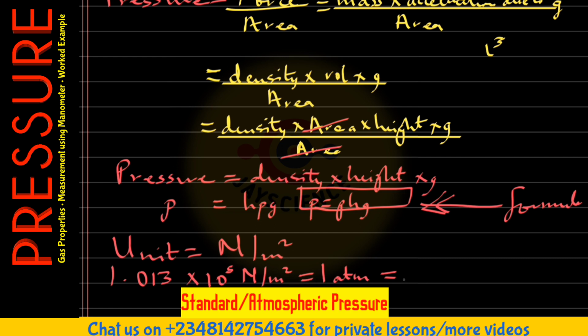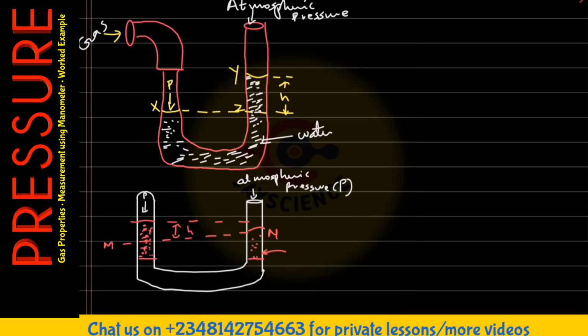That's 1 atmosphere, and that's also equivalent to 1.013 times 10 raised to the power of 5 pascals, and that's also equal to 760 mmHg. All this just describes the atmospheric pressure, the density of the gas multiplied by the height and the acceleration due to gravity. I'm sure you must be wondering, how do we know the height of a gas? How do we piece all those things together? I'm going to show you right about now.